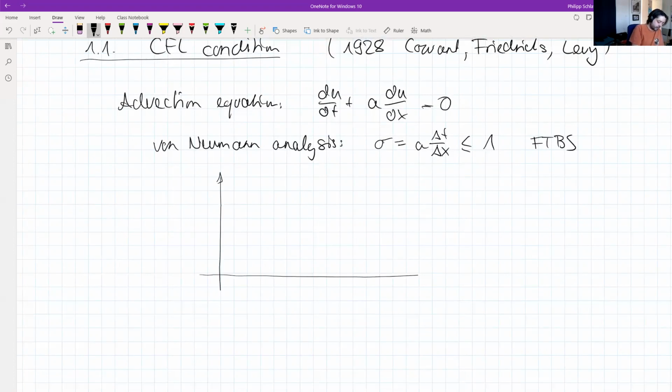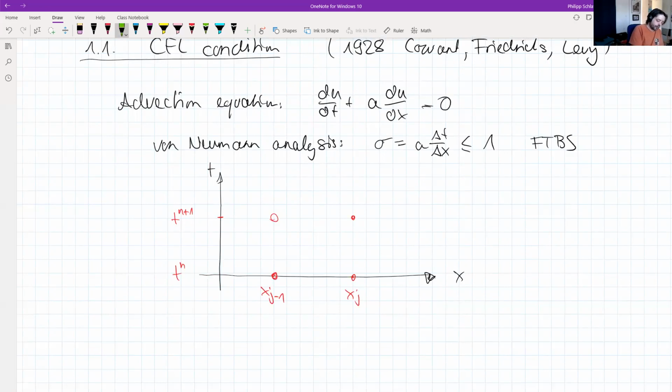So I'm plotting it here. I have x and I have t. Let's say I have my grid point x_{j-1} and my grid point x_j, and this here would be time t_n, and maybe this would be time level t_{n+1}. Of course, I will have another grid point here, and here.